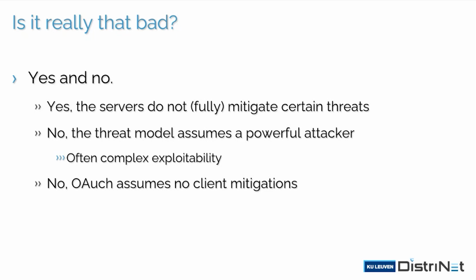Not necessarily, because a lot of research has been done about this, and we also encountered it with our own tests, and we see that a lot of clients do not implement all the mitigations correctly. So in that sense, it's reasonable. But obviously, there potentially are secure clients that implement a lot of client mitigations, and for which the result you get from OAuch might be a little bit over the top bad, right? Maybe the client mitigations actually mitigate certain threats that are reported as unmitigated.